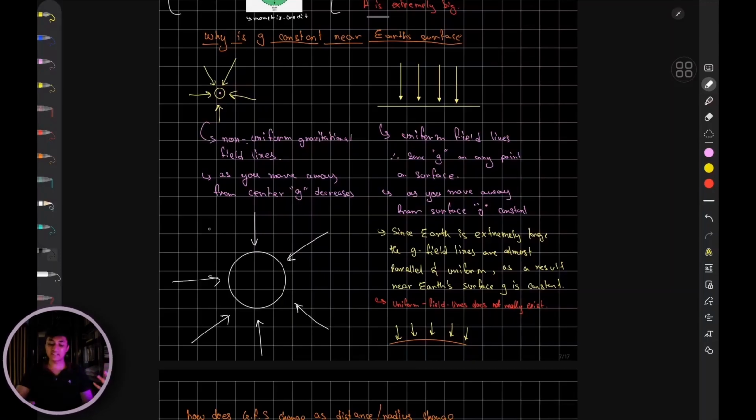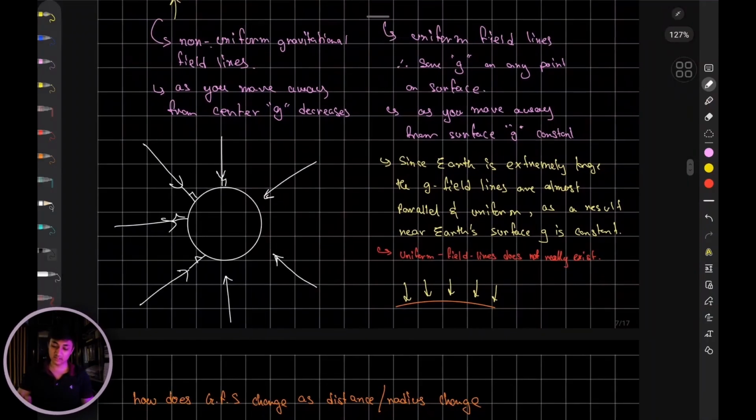Which is why its gravitational field lines are supposed to be radial and at 90 degrees to the surface, meeting at the exact center. So it is supposed to have non-uniform or radial field lines. Notice the spacing between the field lines increases as you move away from the surface of Earth.